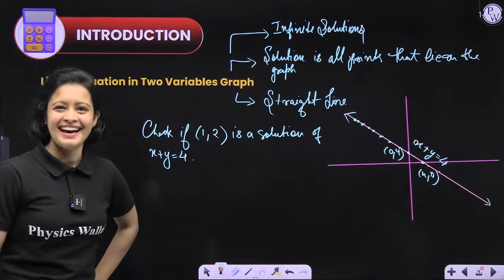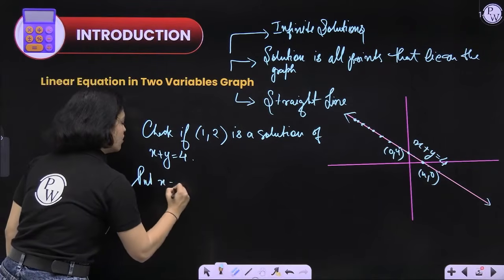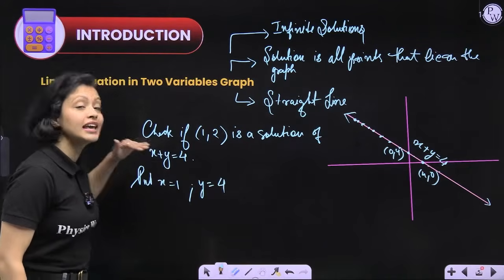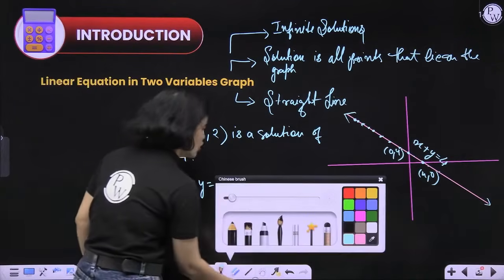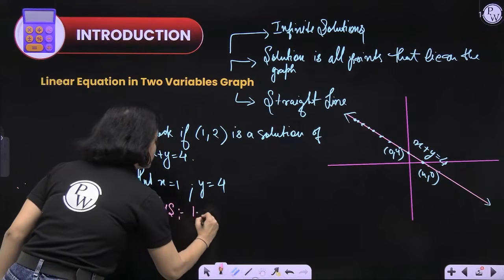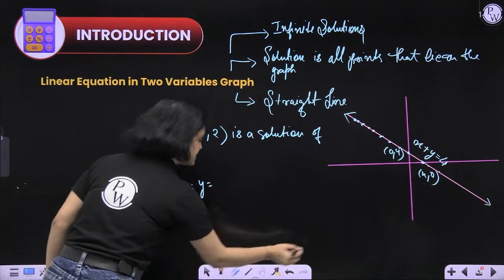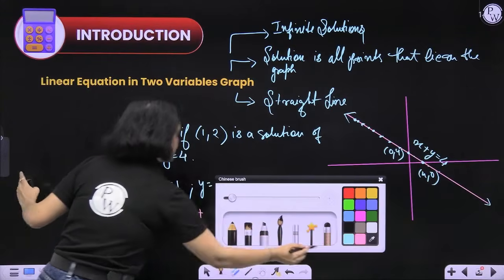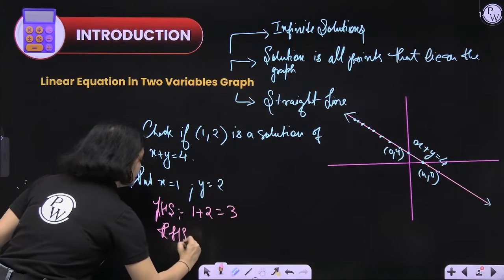So all you need to do is, in place of x, put 1 and in place of y, put 2, my fault, y is 2, and check whether the equation is valid, that means the left hand side and right hand side are equal. So 1 plus 2 comes out to be 3, while RHS clearly is 4.